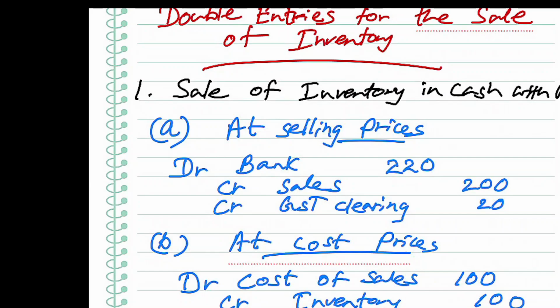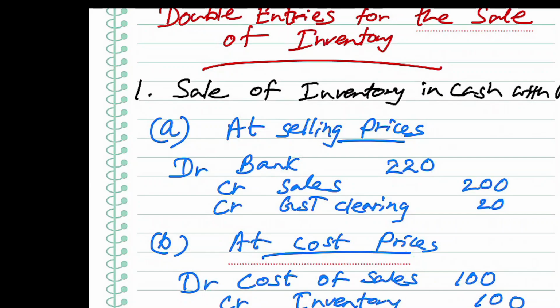Now this one, we are selling inventory in cash with GST. Are they going to be interesting? Why? We have two prices. For both the prices, we have to do a double entry each.